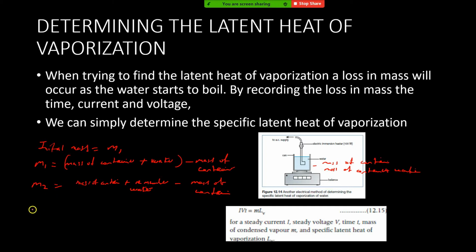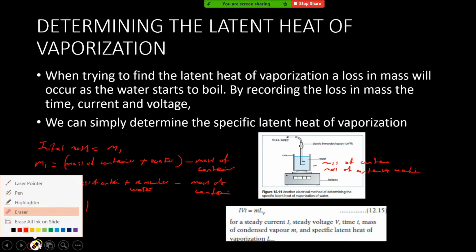We know that the energy required to change the state of a liquid to gas is given by this equation: the mass of the liquid times the latent heat of vaporization.